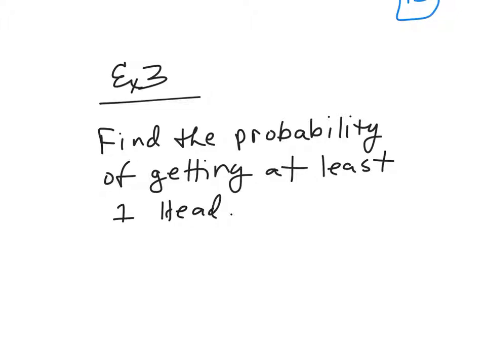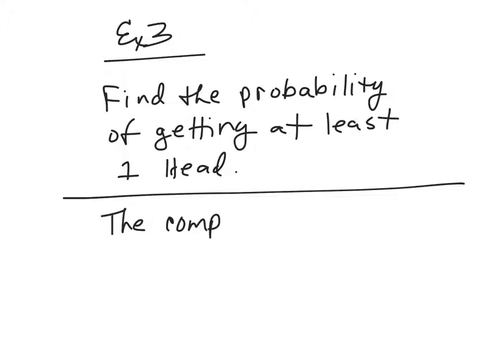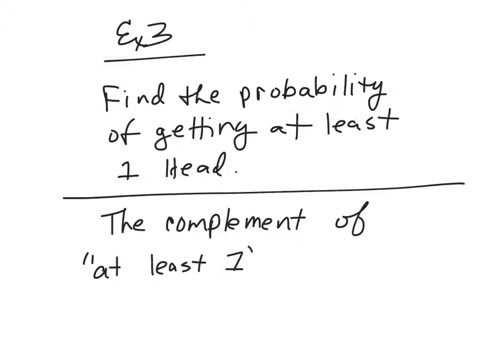Well, in the last chapter, we discussed the following. We talked about how the complement of, and I'm going to put this in quotes, at least one is, now I pause here for a moment, let's think back through what we thought through then.